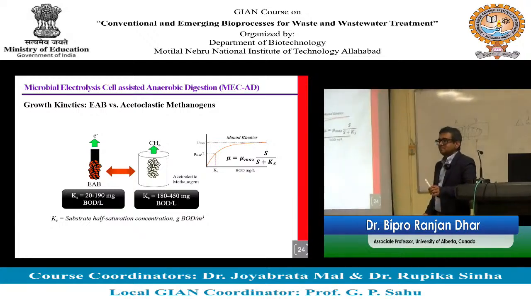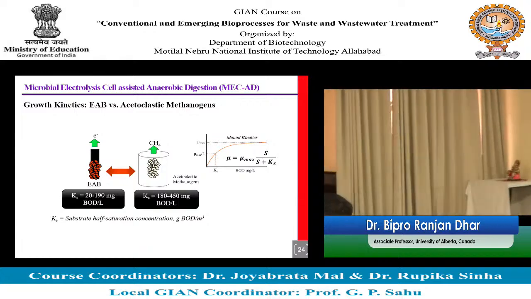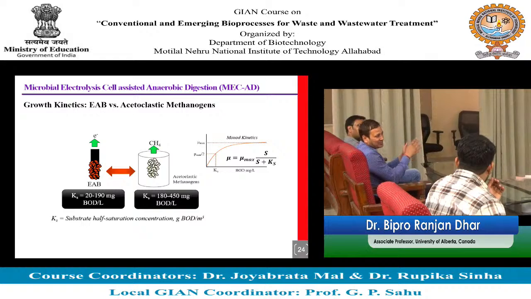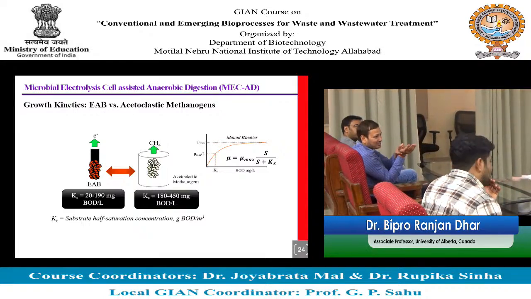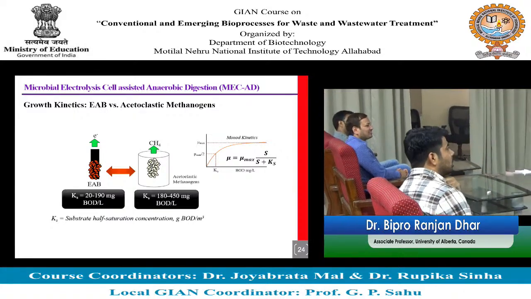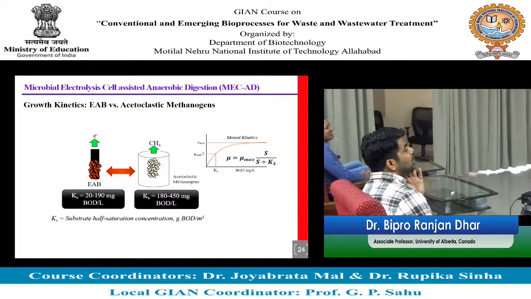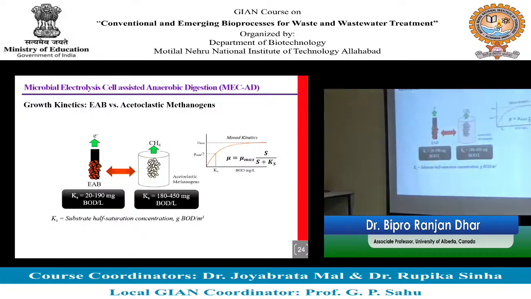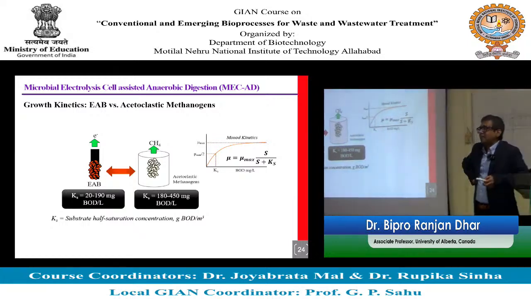Is EAB a subclass of ETB? No, that is different, because EAB is on the anode side and ETB on the cathode side, right? ETB on the cathode side, yes. Electrotroph means they are taking electrons, and electroactive means they are transferring electrons.